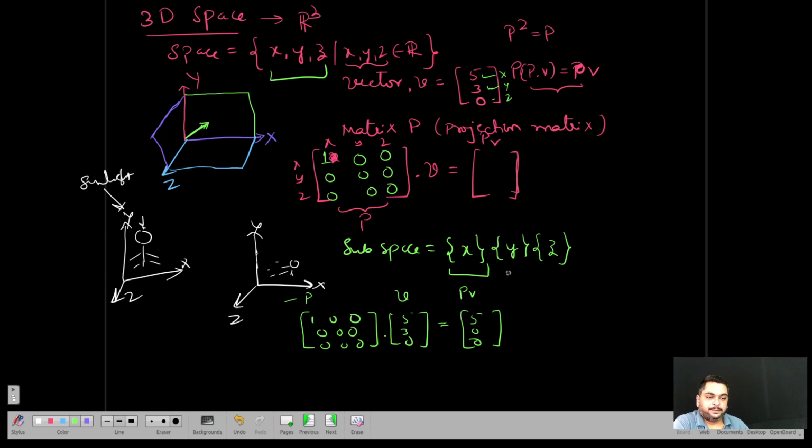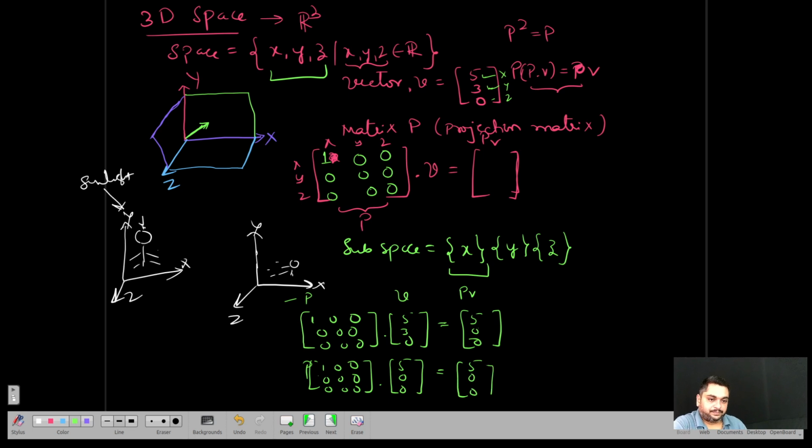Hope you are getting it. Now, what they say about projection on the projection: see, if I apply one more time projection on this matrix, same P, 1, 0, 0, 0, 0, 0, 0, 0, 0 into 5, 0, 0, I will again get the same vector back.